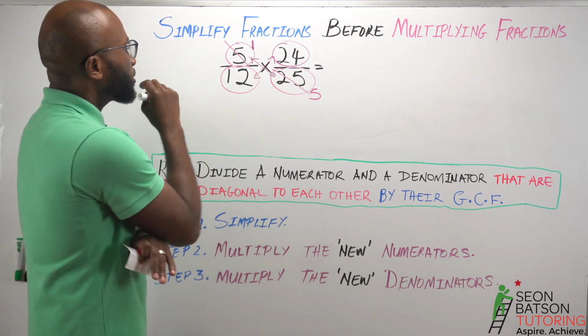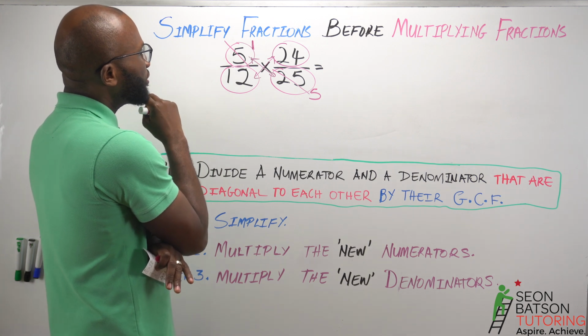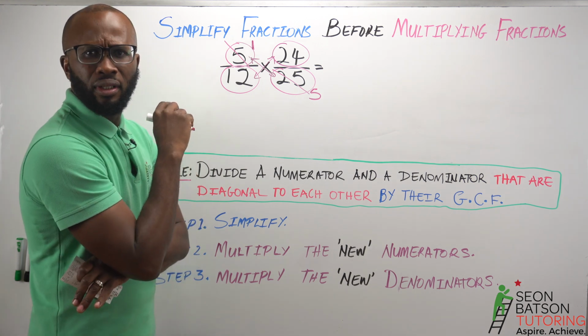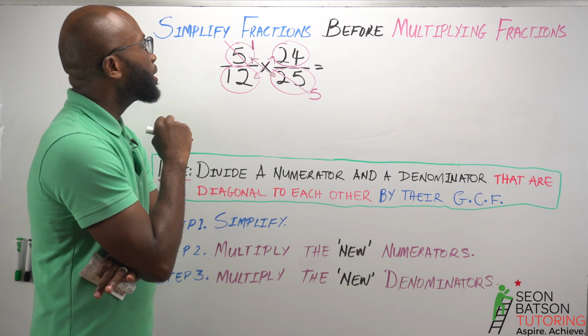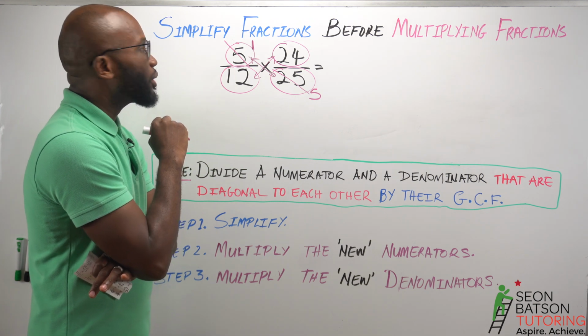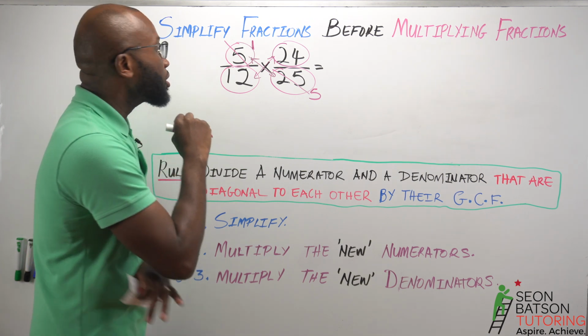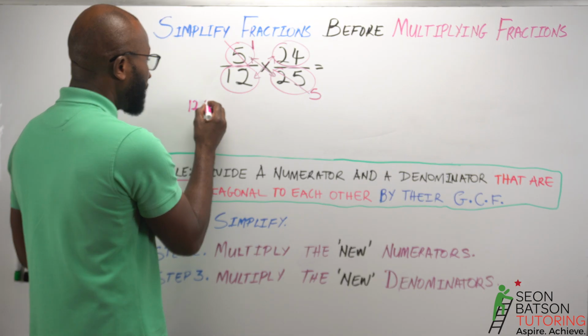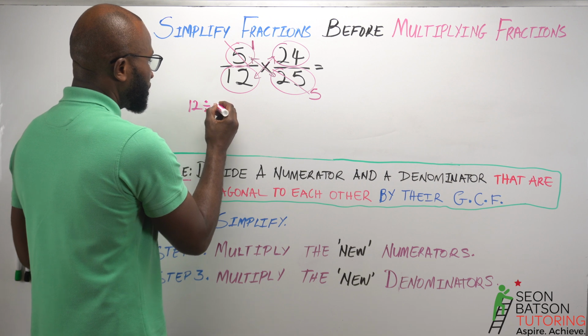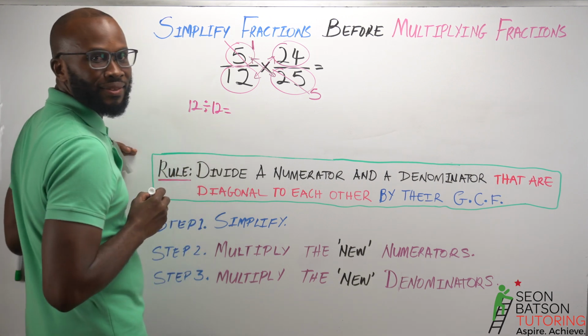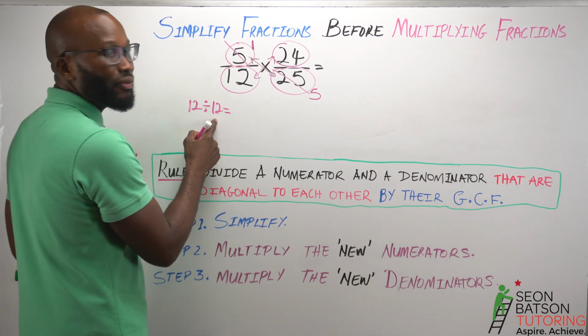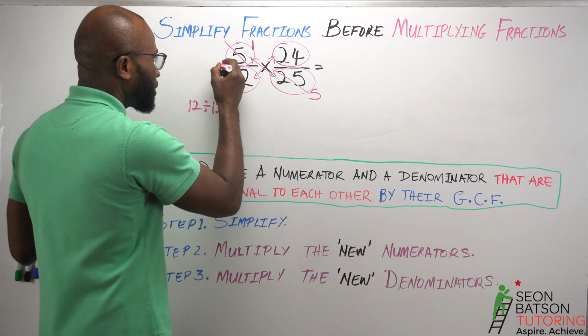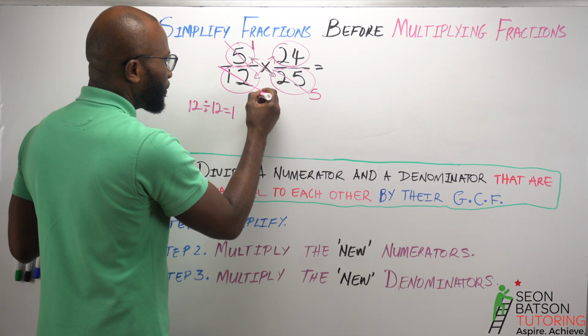The greatest common factor for 12 and 24 is 12. So we will divide our 12 here by the GCF, which is 12. 12 divided by 12 is 1. So we will shrink our 12 to a 1.